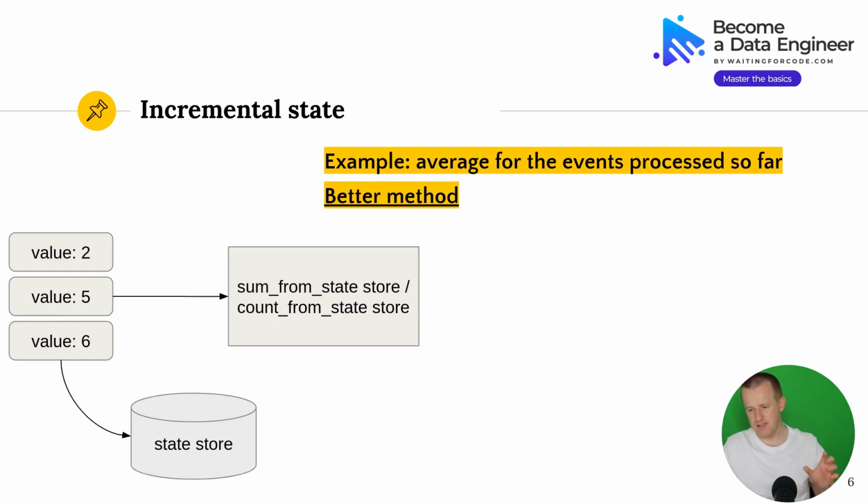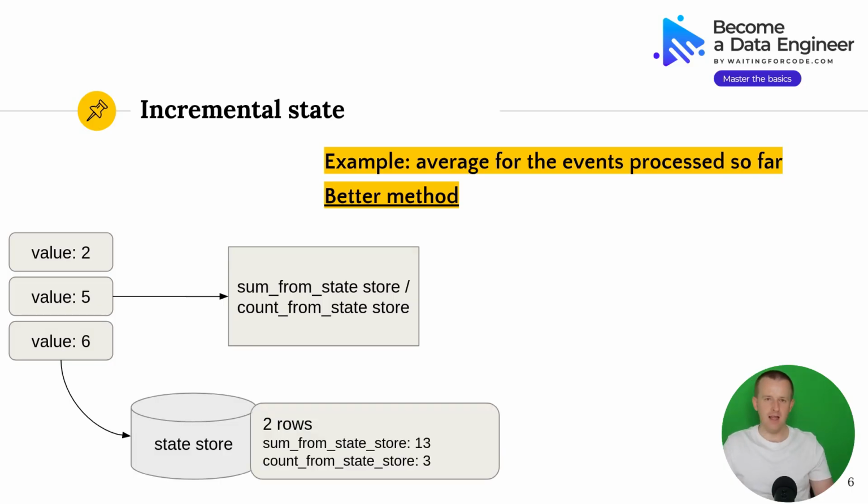The first one is the sum, which we generate as a pre-processing step before writing data to the state store. The other is the count, also a pre-processing step before writing, which simply counts the number of records we have to process in the given execution. Here we will always have a constant number of rows: only 2 rows, one for the sum and another for the count.